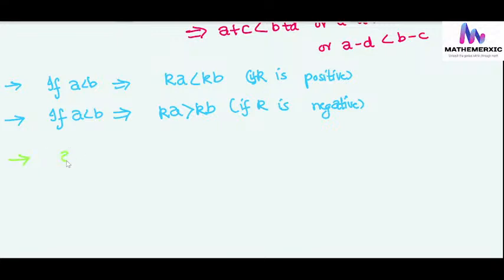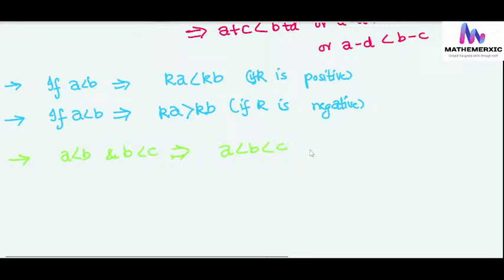A is less than B. Again, if I write A is less than B and B is less than C, it implies that A is less than C. We can write like this. This is called the transitive property of inequality.